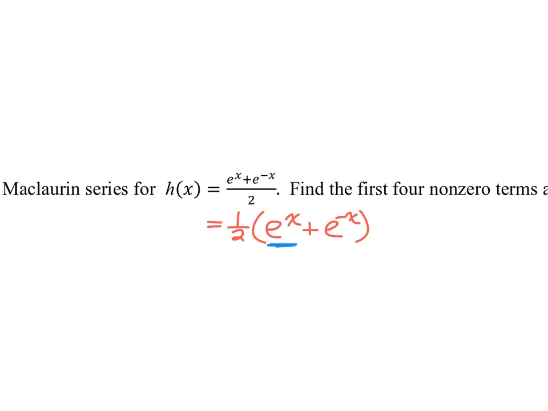All right, so each one of these has a Maclaurin expansion. Find them, add them together. So add the Maclaurins. And then divide by 2 or multiply every coefficient by 1/2. And then see what pattern emerges and try to come up with a rule for that.